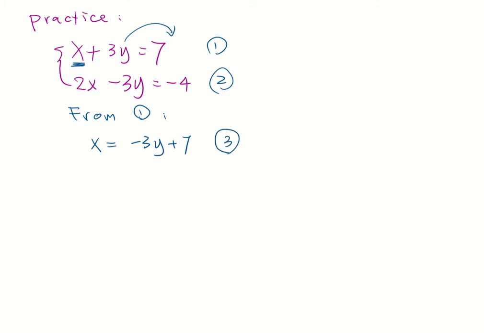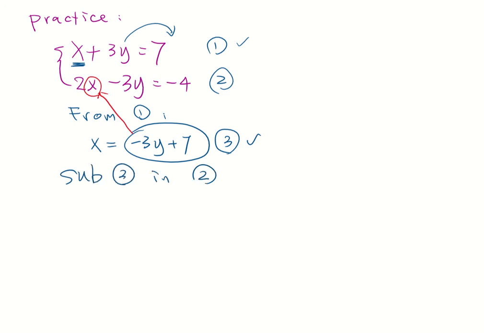I'll call this equation 3. Notice that equation 1 and equation 3, they are the same equation. I just changed the form a little bit. So I'm going to substitute -3y plus 7 into the second equation to replace x. So I'm going to sub equation 3 into equation 2.